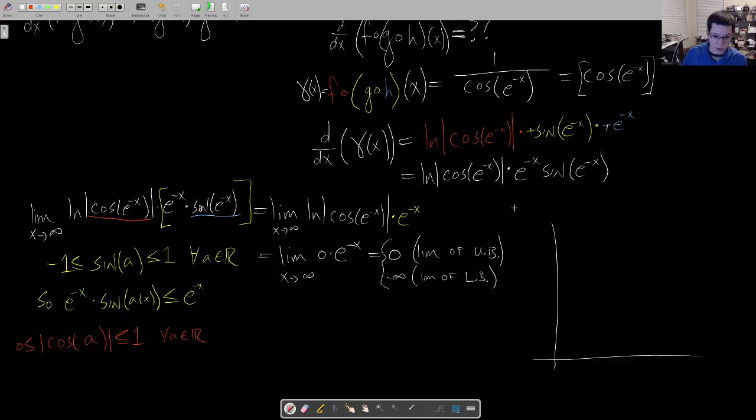So this function, the derivative of our original function, is going to be looking something like this. Down at the bottom, way out here at infinity. So I'm going to put a... Nope.